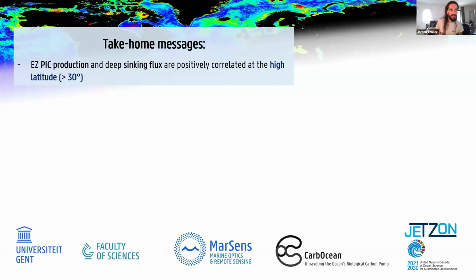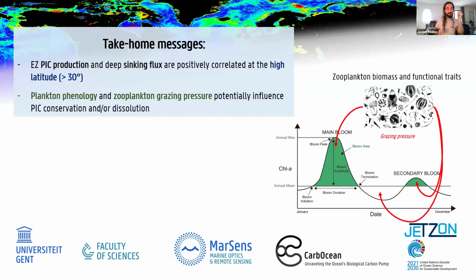As a take-home message for this presentation, first we observe that the euphotic zone PIC production and deep sinking flux could be very patchy in the ocean, but they are positively correlated at high latitude. Secondly, the phenology of phytoplankton and also zooplankton grazing pressure could potentially induce PIC conservation or dissolution.